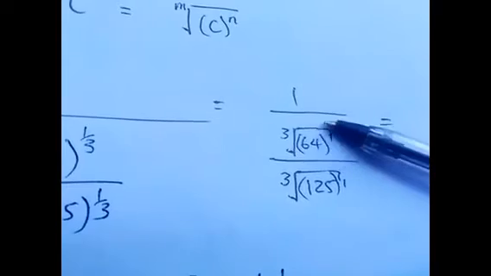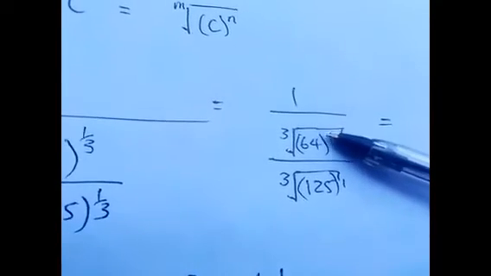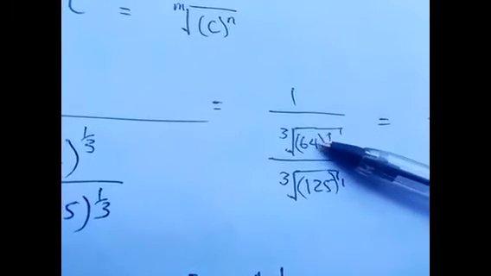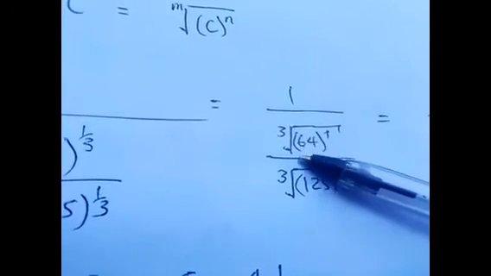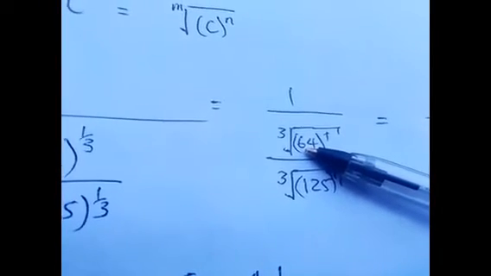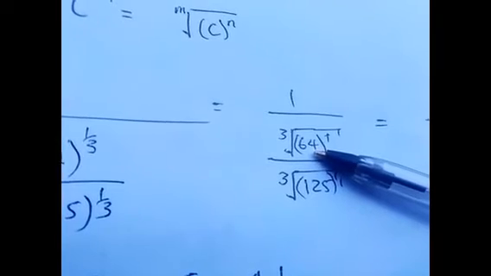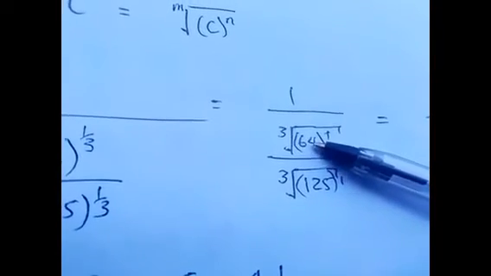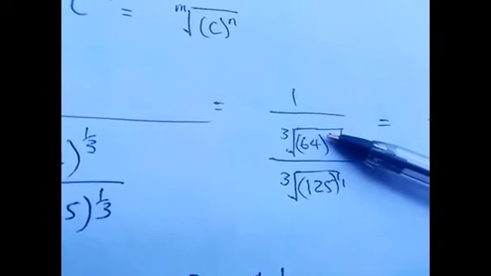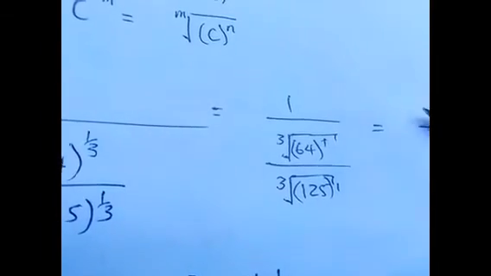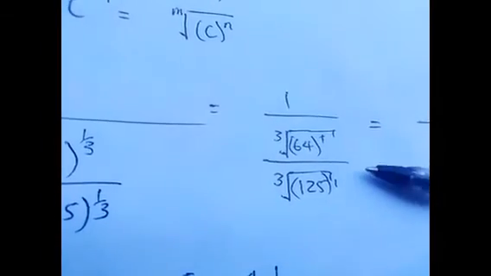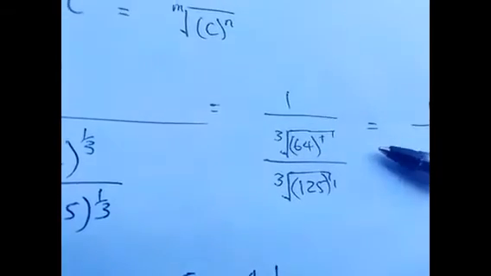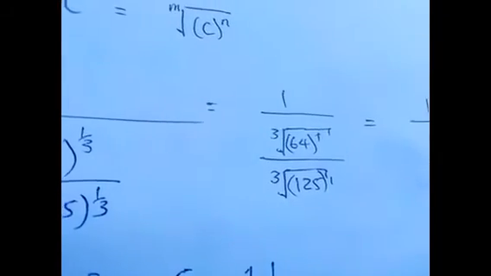So any number raised to power 1 is just that number. So if it was 2 here, we could have said cube root of 64, the number we can multiply 3 times to give us 64, which is 4. And then 4 power 2, meaning again we have to multiply 4 times 4. If it's power 3, it is 4 multiplied by 4 multiplied by 4.